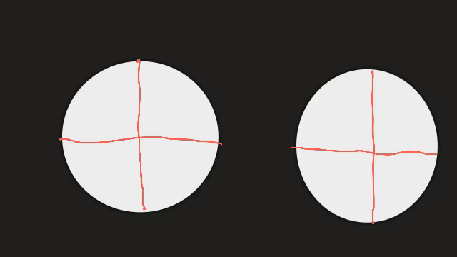Okay, let's try another one. Let's say we have a point here. We'll call him A. We have a point, he lands over here, and we call him A prime. This is the center of rotation. How far has he rotated around the center of rotation?